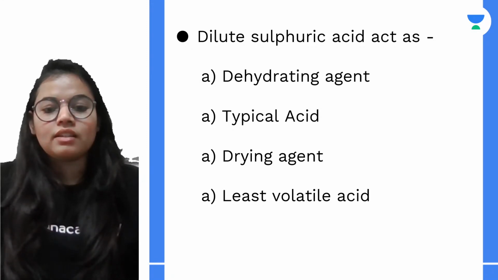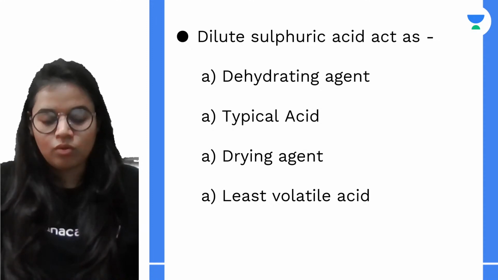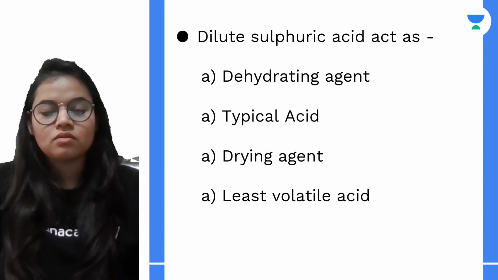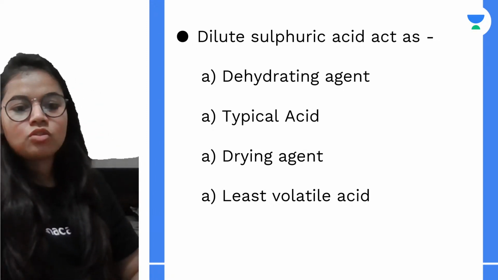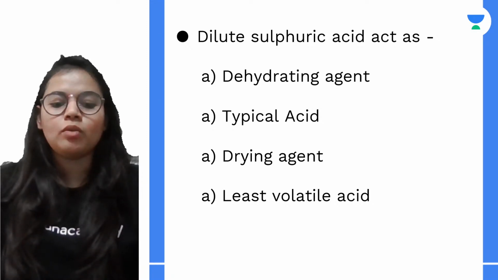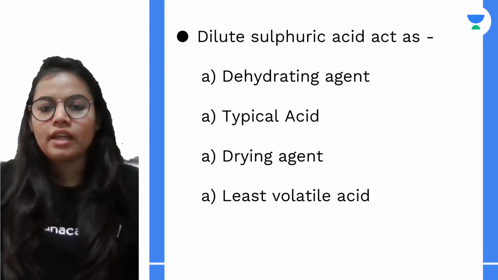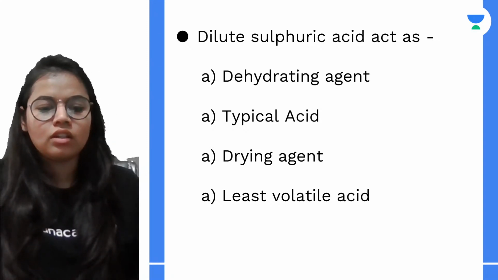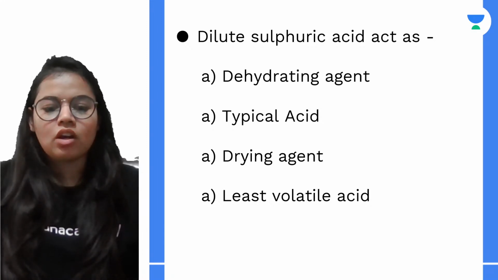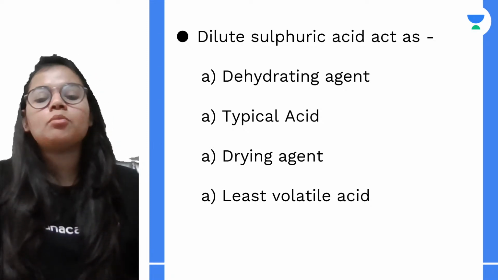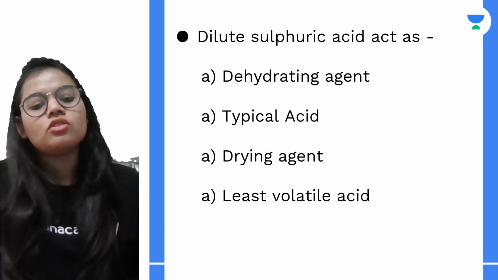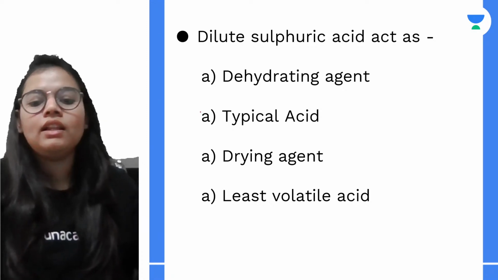Dehydrating agent, typical acid, drying agent, least volatile acid, what? ये स्टूडेंट्स, जो हमारा डाइल्यूट सल्फ्यूरिक एसिड है इट वर्क्स एज व्हाट? डिहाइड्रेटिंग एजेंट. ओके, okay, so how many of you think that it is B? जो हमारा डाइल्यूट सल्फ्यूरिक एसिड है वो सारी प्रॉपर्टीज दिखाएगा ऑफ एसिड, राइट? सो इट विल बी वर्किंग बेसिकली एज अ टिपिकल एसिड.